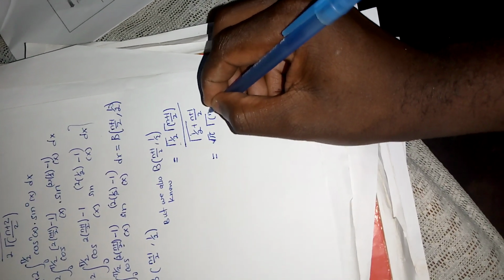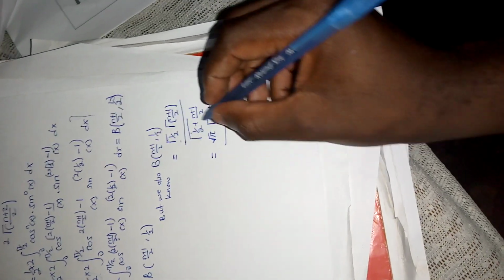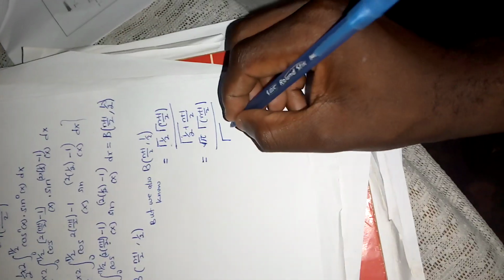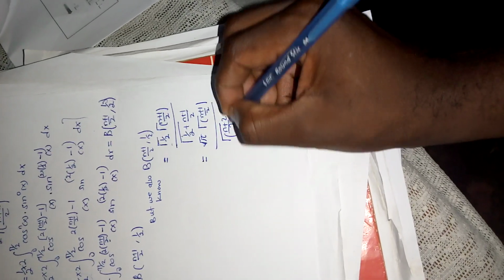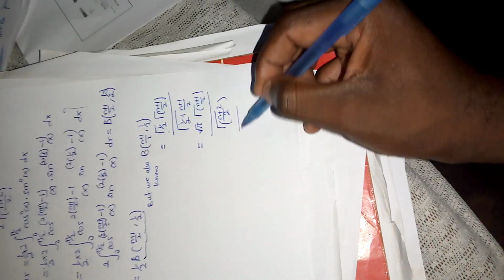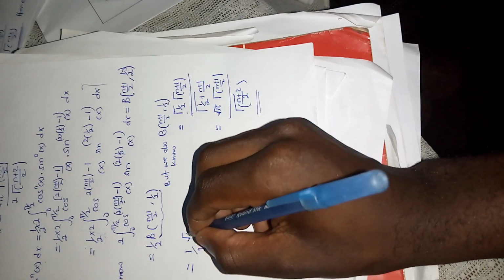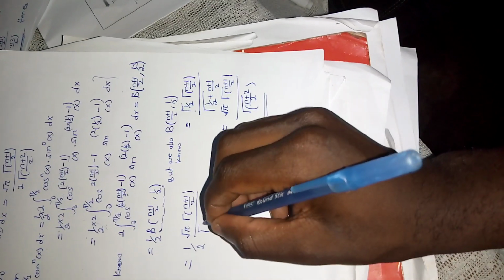Gamma of (n plus 1) over 2 over this, the LCM is 2. Then on top this one comes and adds to that, so we shall have n plus 2. Gamma that. Therefore, we bring this here, and it is just a matter of putting a half of root pi gamma of (n plus 1) over 2 over gamma of (n plus 2) over 2.